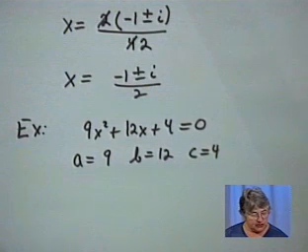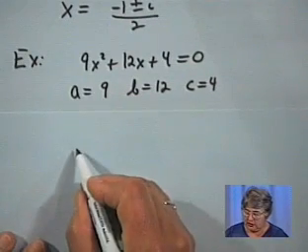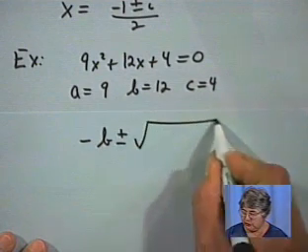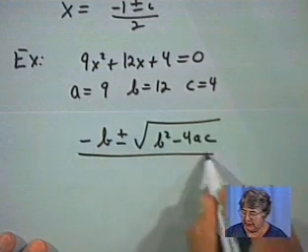All right, let's substitute into the quadratic formula. So the quadratic formula says b squared minus 4ac divided by 2a.